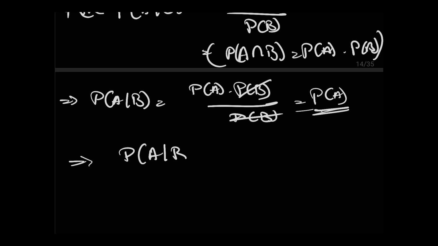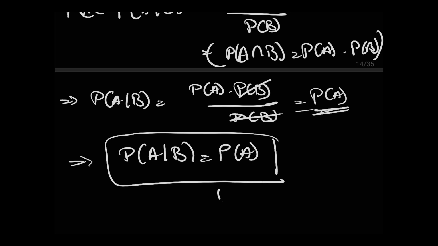Probability of A given B equals probability of A when A and B are independent.